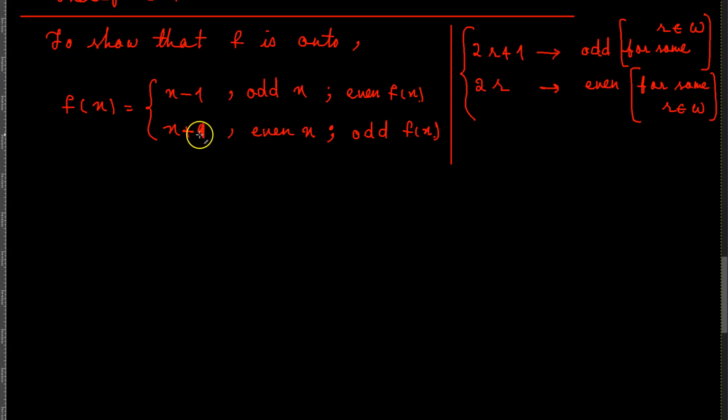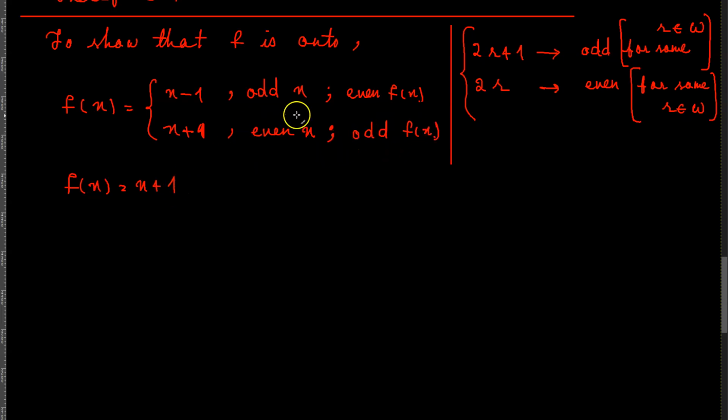So if I write f of x is equal to x plus 1, and I know that x is supposed to be even here, the output is going to be odd.